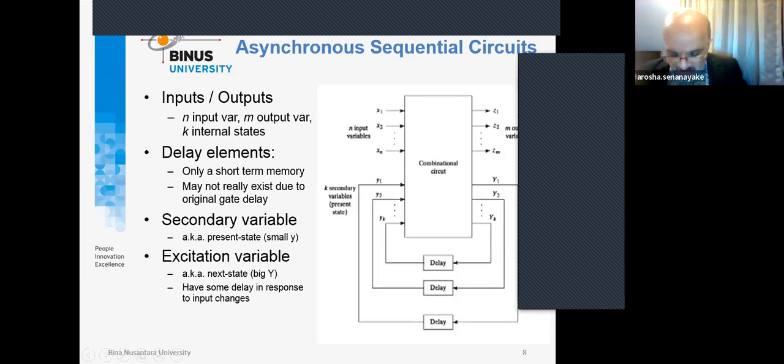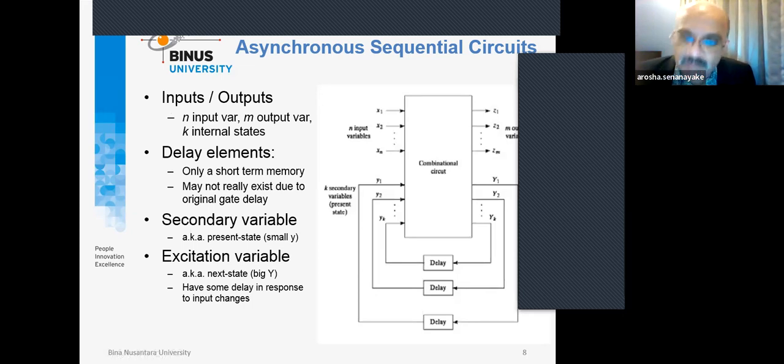Okay, so what are the important concepts you should know when it comes to asynchronous sequential circuit design?